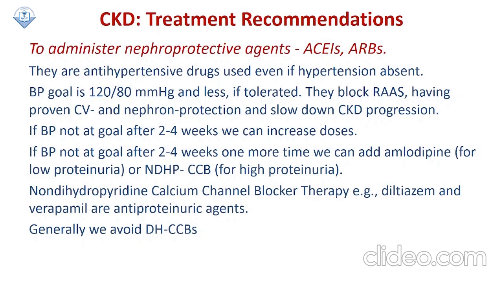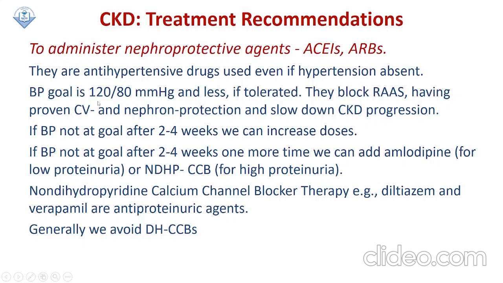And one more is ARBs, angiotensin receptor blockers. These medications are very effective and they have a nephroprotective effect because they block this RAS system. They are antihypertensive drugs also, but they're used even if hypertension is absent.